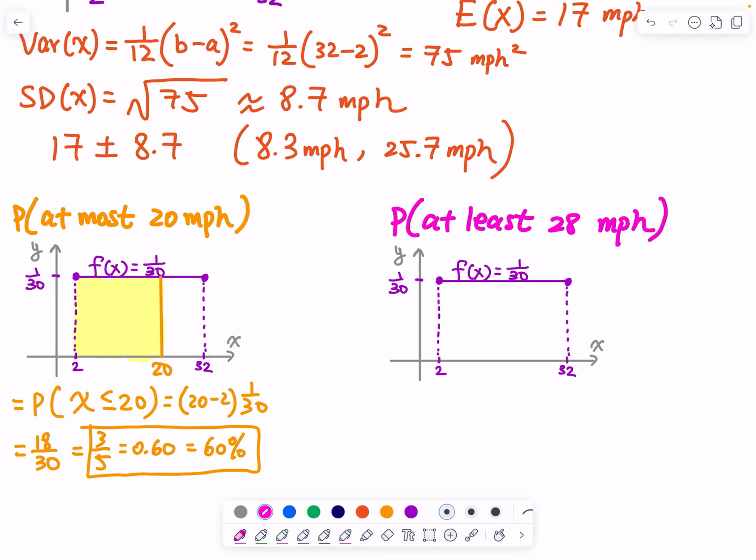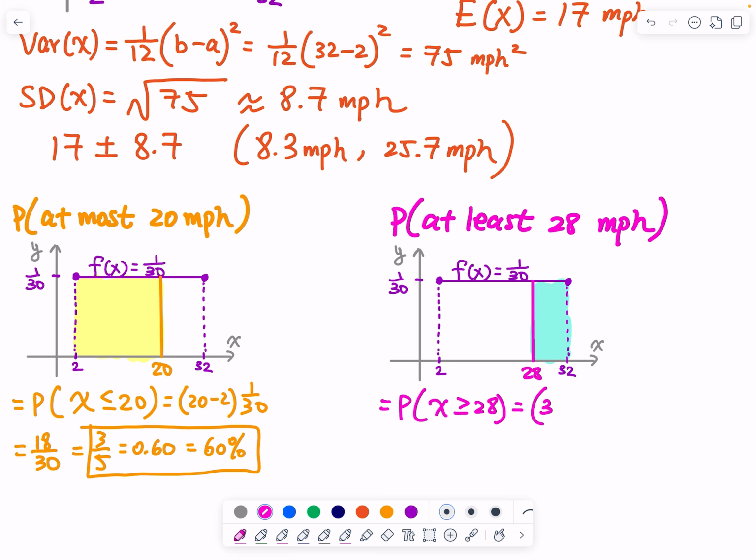Next one, at least 28. At least 28 means 28 miles per hour or above. Here is 28. For 28 or above, you are looking at this area. This will be the probability that x is greater than or equal to 28.